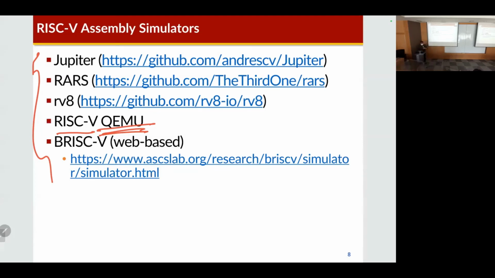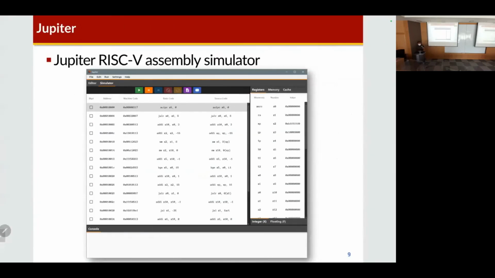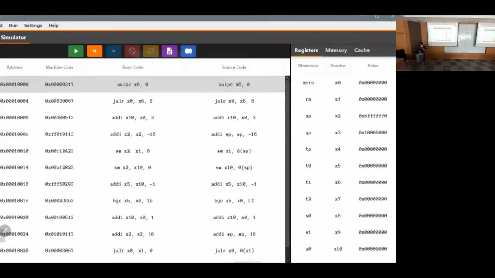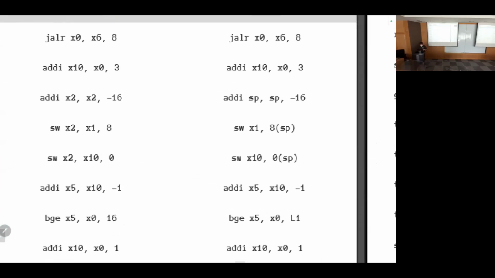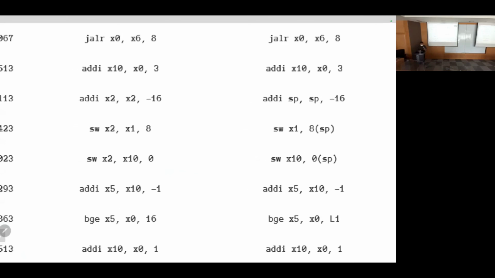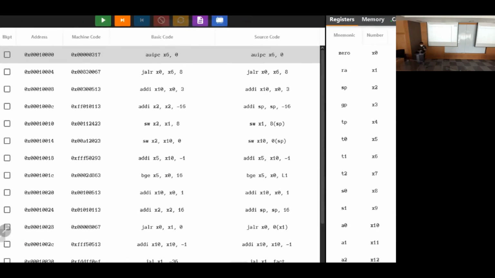But if we just want to simulate assembly code, then you can use a very simple tool like Jupyter. It looks like this, so it's small. You can find the instructions here, and the machine code. What is the address? This address is the program counter.